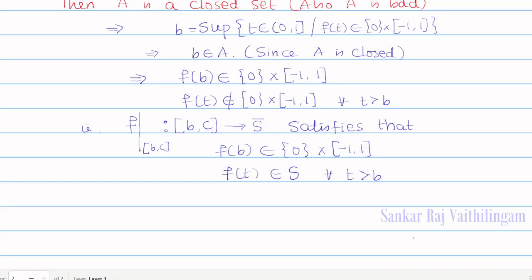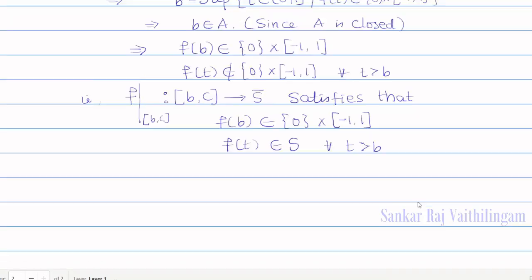So f maps b into the vertical strip, and the other interval, the open interval b, c, is mapped into capital S. Now we are going to arrive at some contradiction.